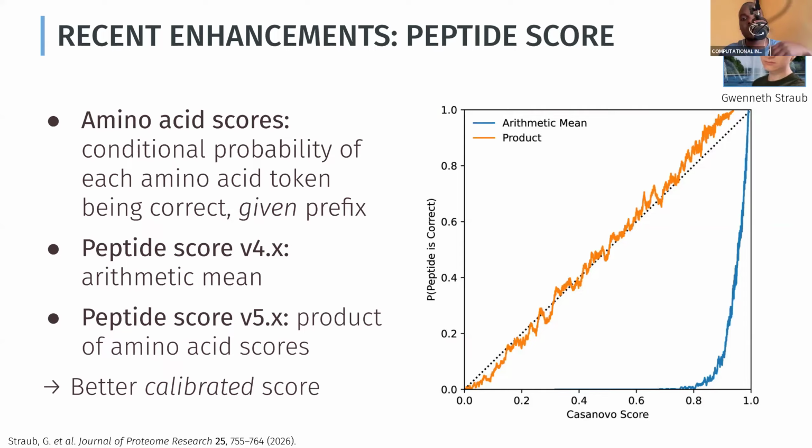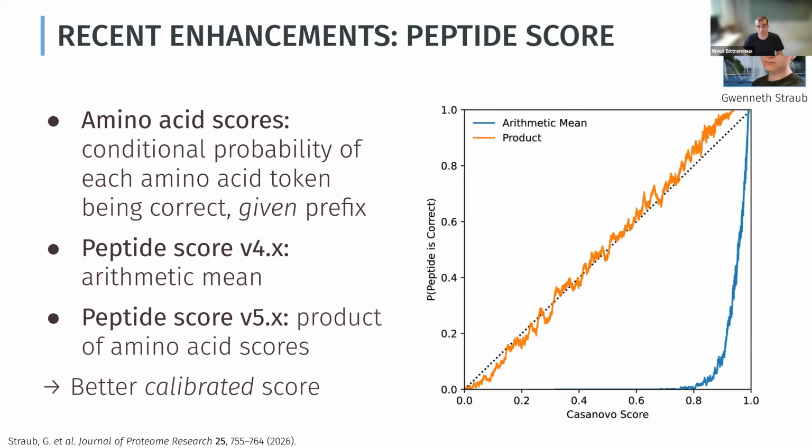Okay, great. So multiplying the amino acid scores or probabilities sort of gives better calibration, so to say. Exactly.